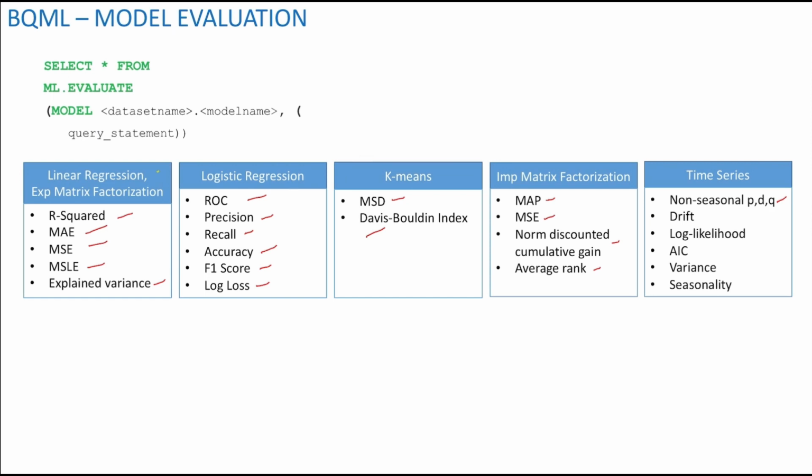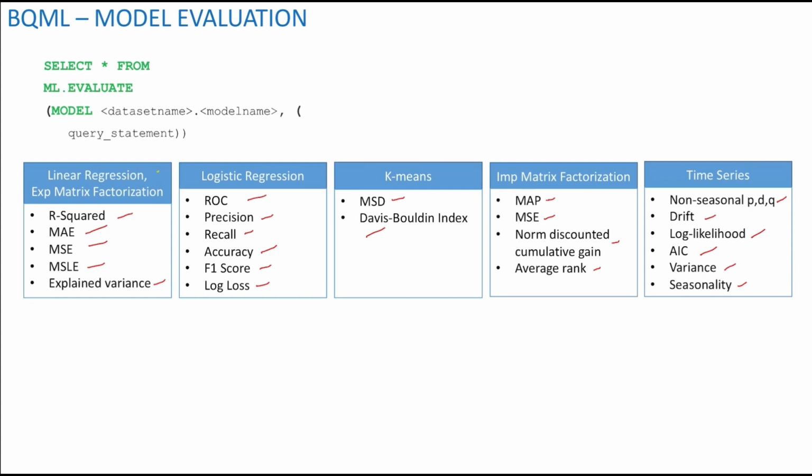P is your autoregressive component, D is the integration component, and Q is the moving average component of the ARIMA: AR, I, and MA. Then you get the drift, you get your log likelihood, you get your AIC score, the variance, as well as the seasonality, which is basically, is it a daily, weekly, monthly, yearly seasonality? That's what it generates. All right.